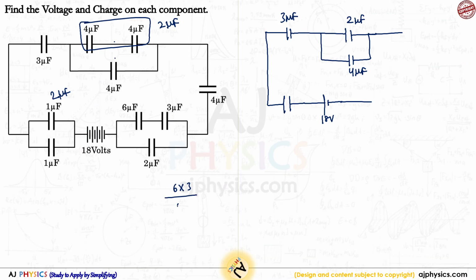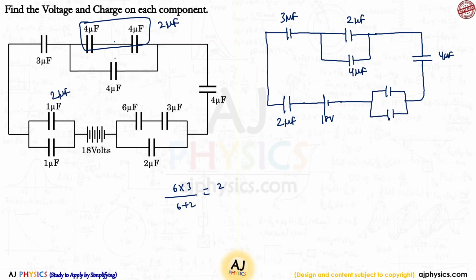We have done this earlier as well, so that would be 2. So we have a circuit with 2 here and 2 here, and 4 microfarad here, and this is 2.